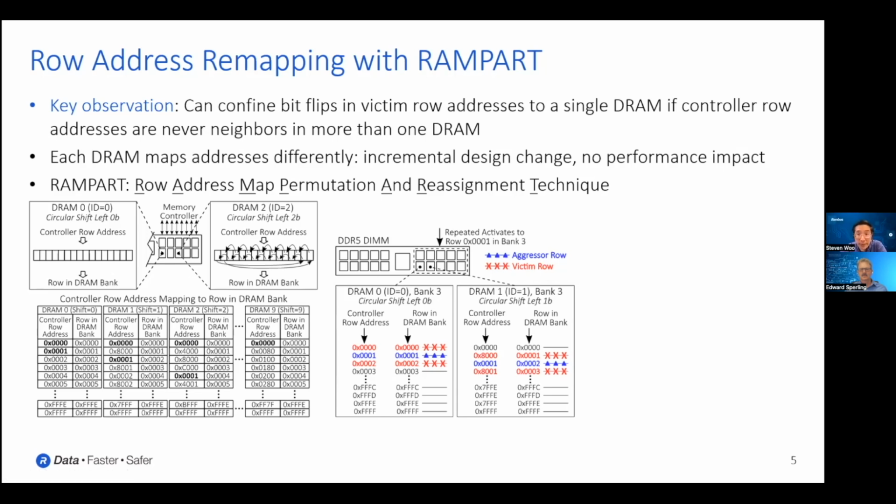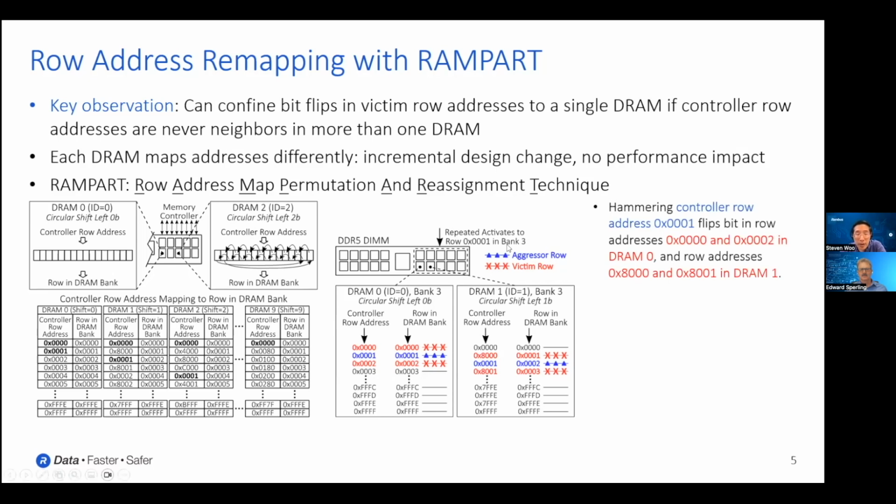Now, what's interesting is let's say that I hammer, I keep activating row address 1. In this particular DRAM, row address 1's neighboring row addresses are 0 and 2. But in this DRAM, if I'm hammering row address 1, I'm going to flip bits in these rows which correspond to controller row addresses 8000 and 8001.